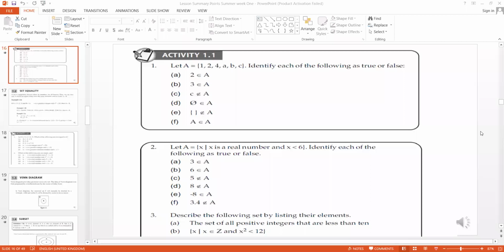James, I've unmuted you. Yes, Adams. The elements are 1, 4, and 9.